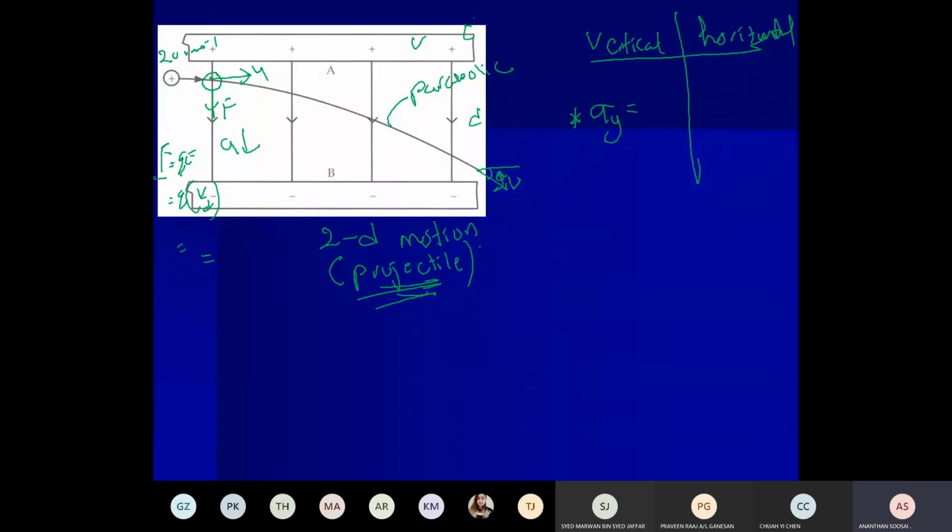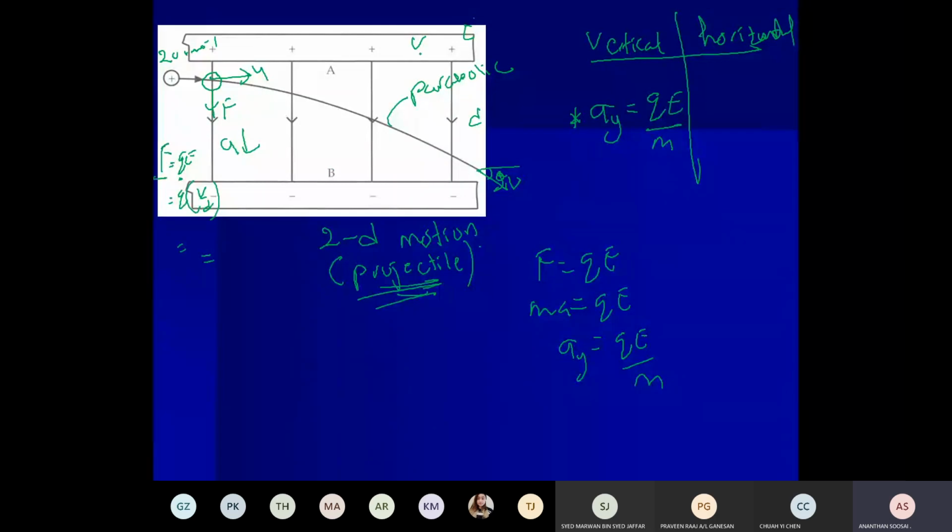You need to find the force first. How do you find the force? Force is QE. So after you find the force you change to MA. MA is QE. So now you can find the AY. AY is QE over M. Yeah, this is your AY.